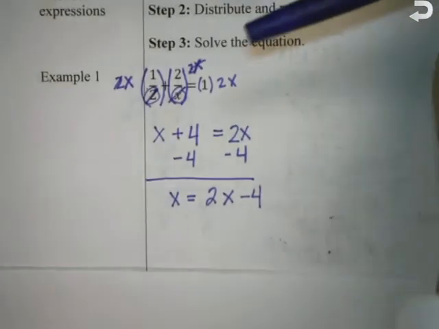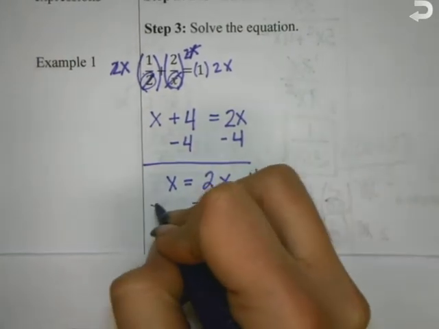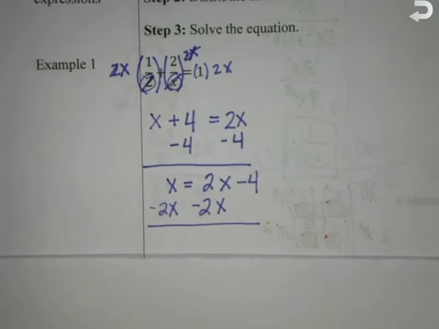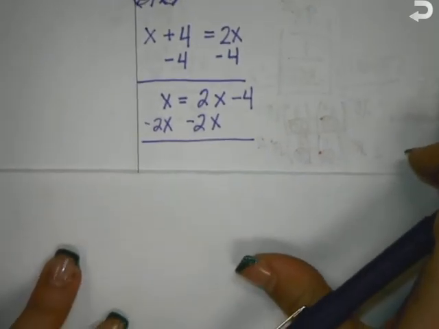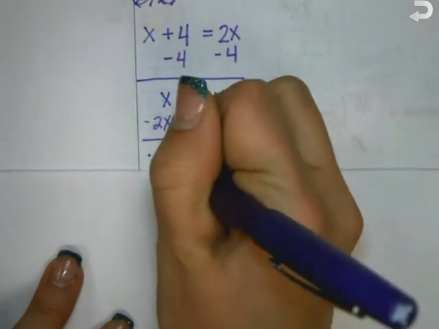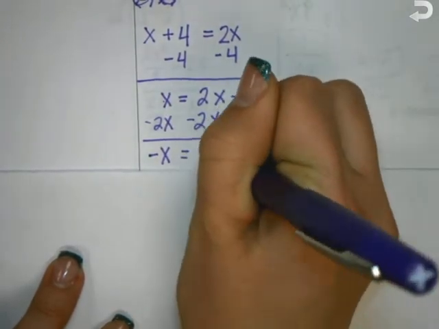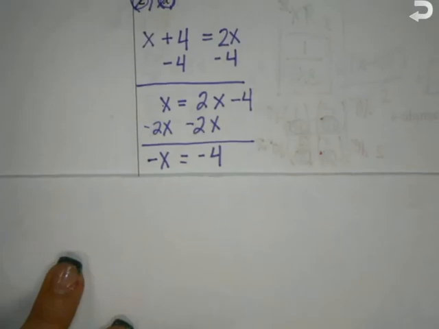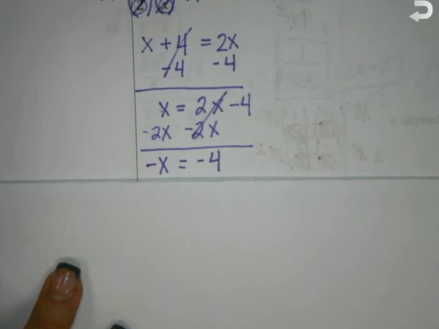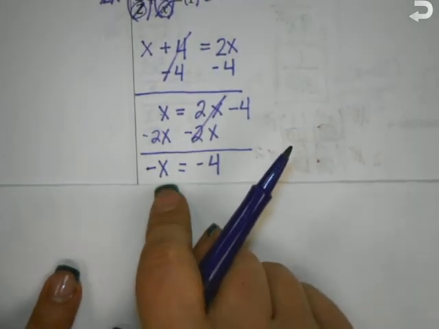Subtract 2x from both sides. So this gives me x minus 2x, negative x equals negative 4, because these guys cancel. Those guys cancel. This is a 1x minus 2x gives me negative 1x. So negative x equals negative 4.